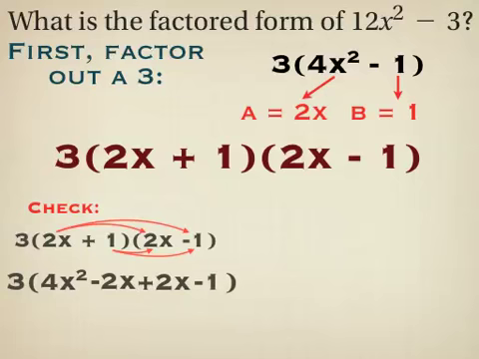Your negative 2x plus 2x are going to cancel out, which would leave you with 3 times 4x squared minus 1 in parentheses. What I need to do now is distribute your 3. 3 times 4x squared is 12x squared, and then 3 times negative 1 is negative 3. That is the binomial that I needed to get when multiplying my factored form.